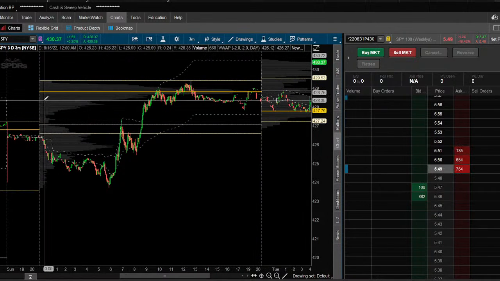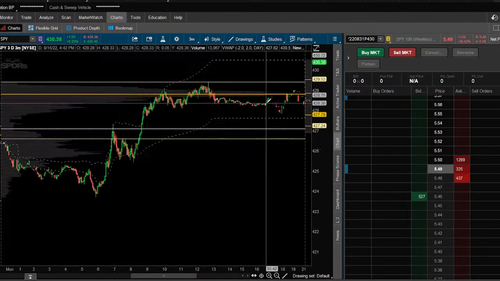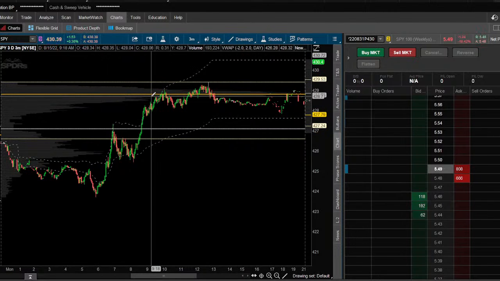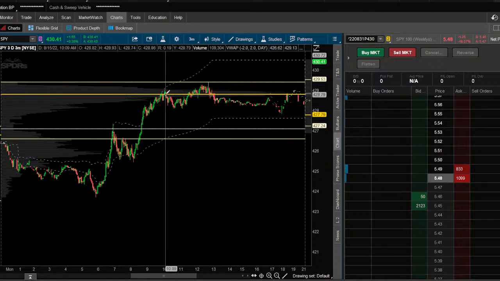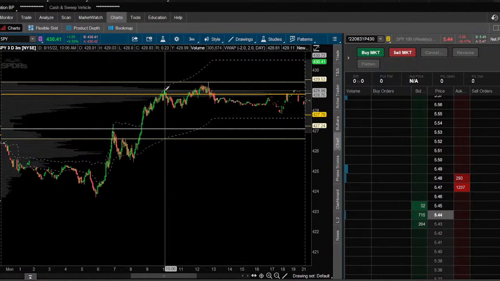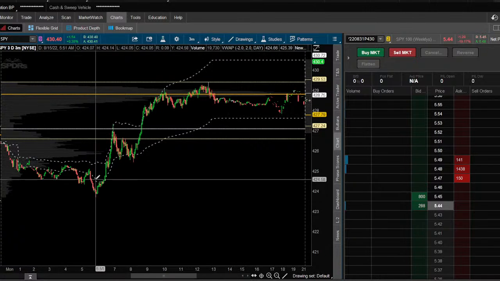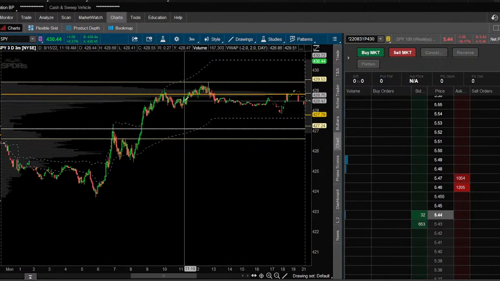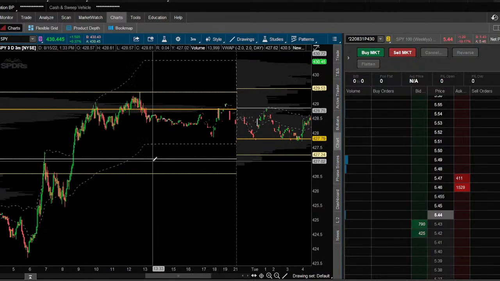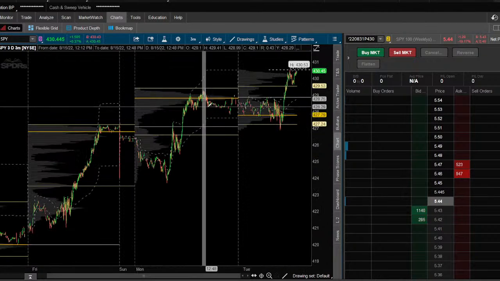You know how this was yesterday. Once it was at the point of control, it didn't really move either direction. So shorts could have been wanting to short this to come right back down to what it was throughout the day, and it really didn't. But why? Because that was a point of control. So there's a lot of activity going on right there.